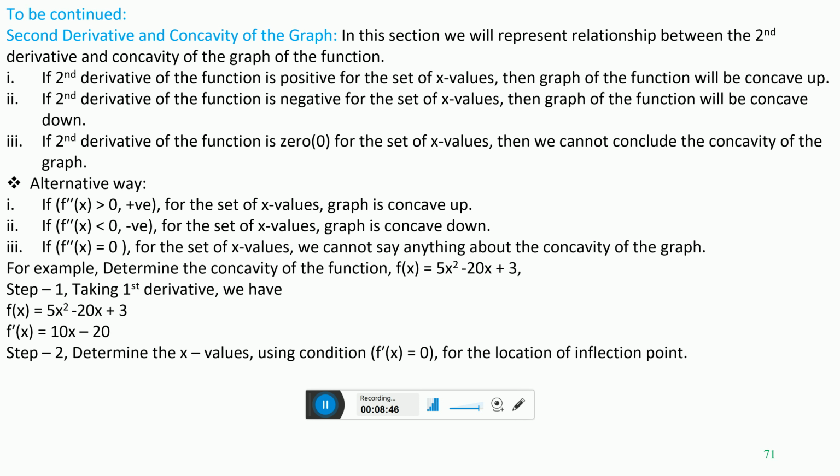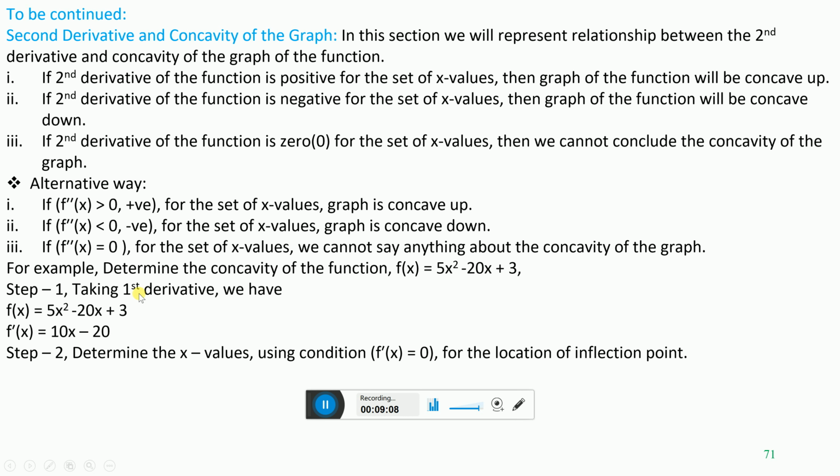Here I am examining concavity of the function using the second derivative. To check concavity we need derivatives; without derivatives we cannot examine. That is why in the very first step I am taking the derivative, and with the help of these derivatives we can determine the x values as well.